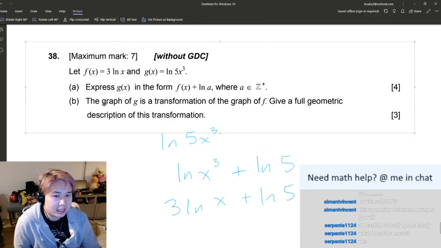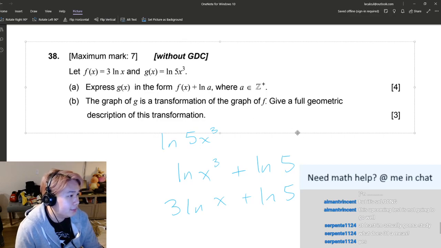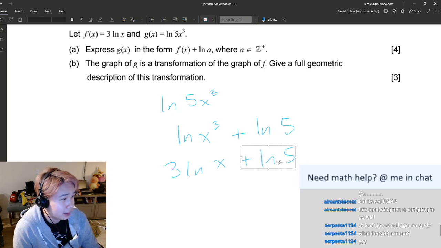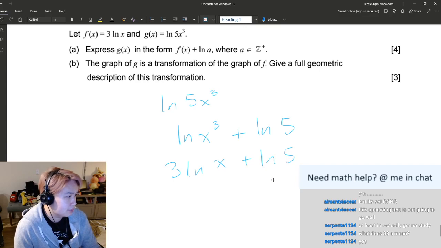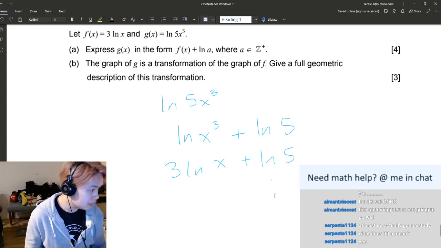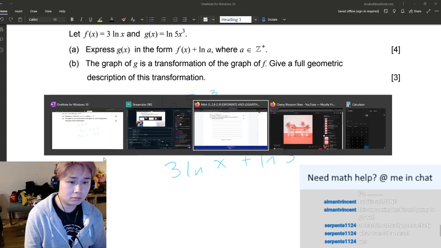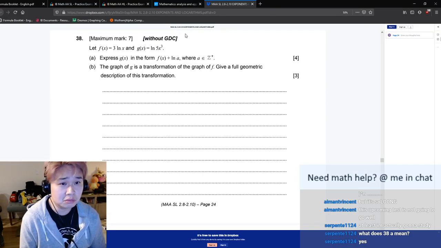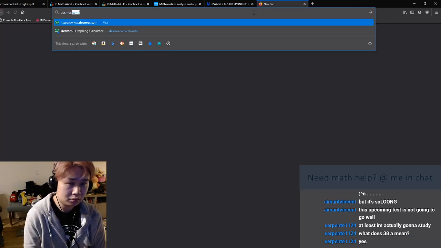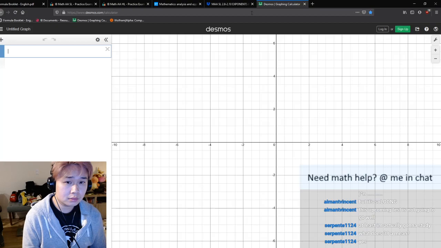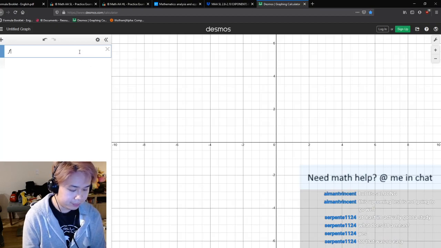So the graph of g is a transformation of the graph of f. Well, what's the transformation? We have a vertical translation up natural log 5 units, and then you're done the question. So let's see if that's even true.